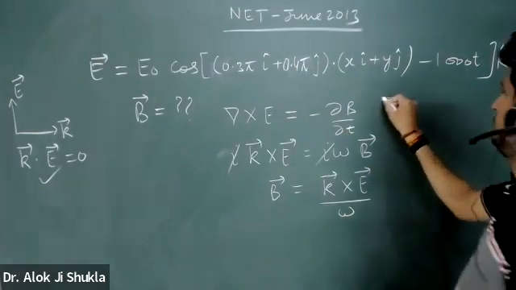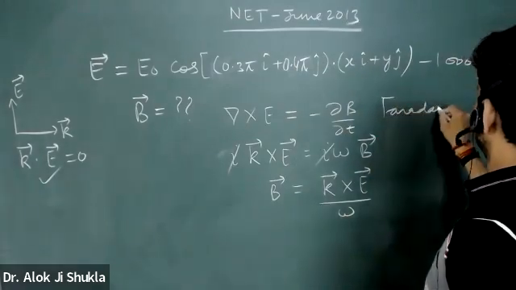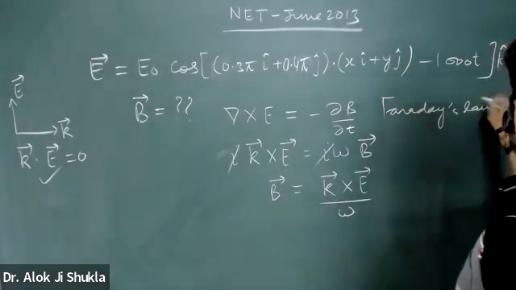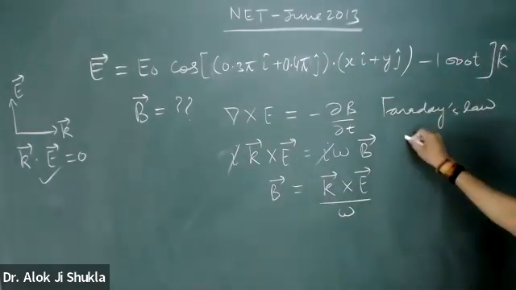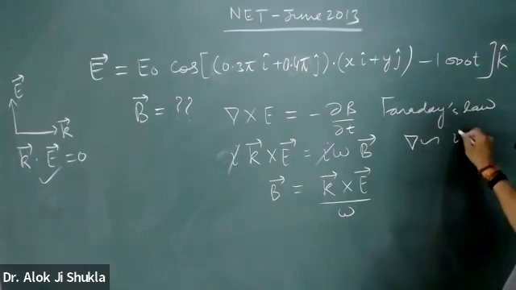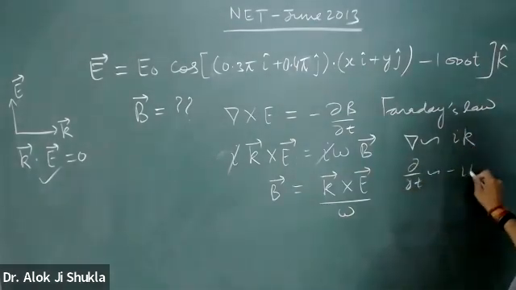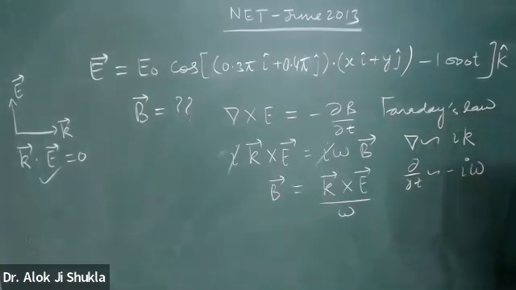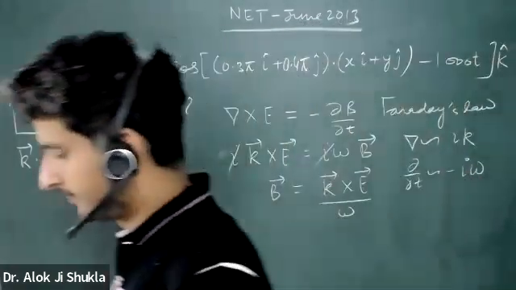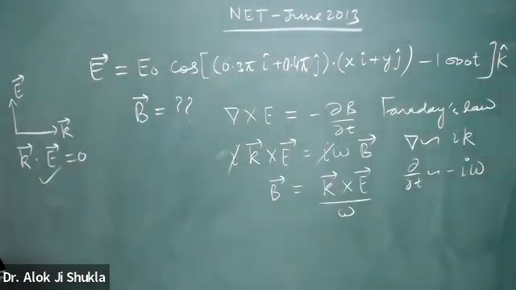Faraday's law. So हम लोग क्या करते हैं? This is written as iK and this as minus i omega, correct? और vice versa. तो बताओ K cross E करो जल्दी से. 0.3 pi minus j cap.